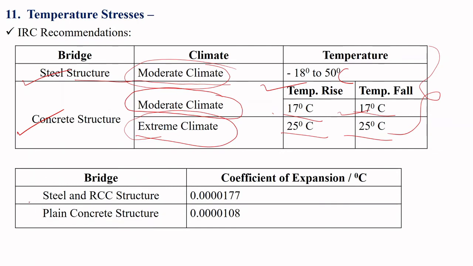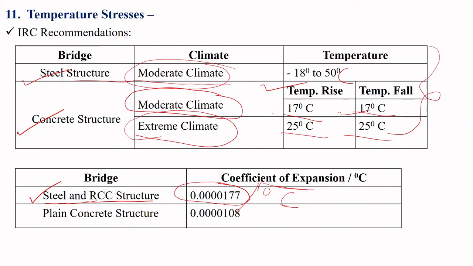If we consider the steel and the RCC structure, the alpha value, or coefficient of expansion value, is 0.000012 per degree centigrade. Per degree centigrade. The unit of alpha is very important, so its unit is per degree centigrade.